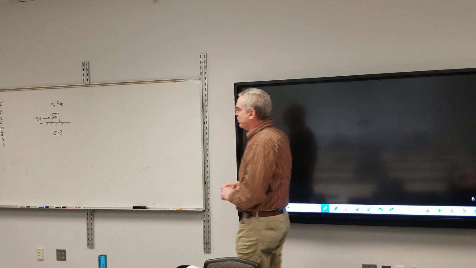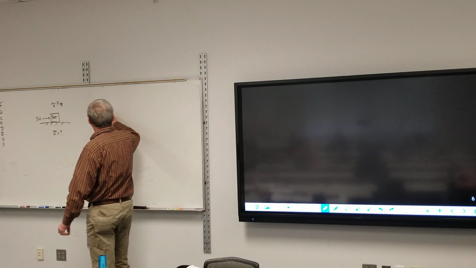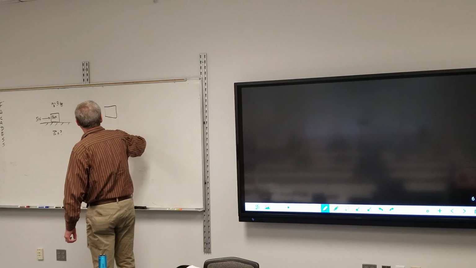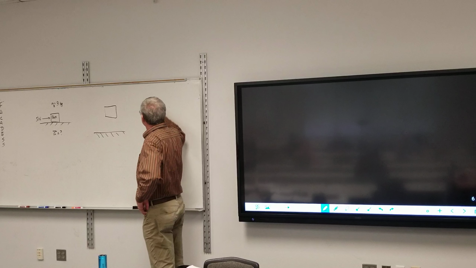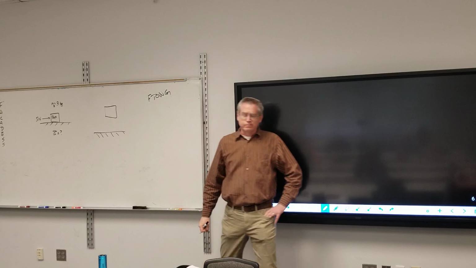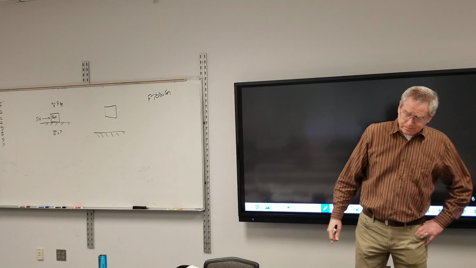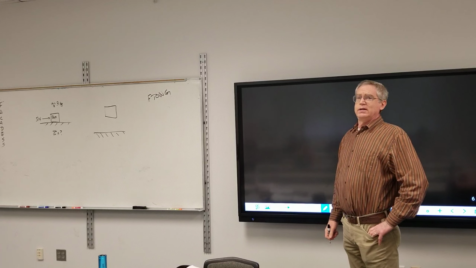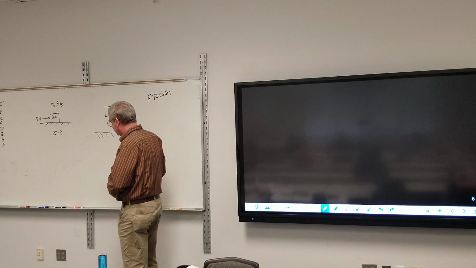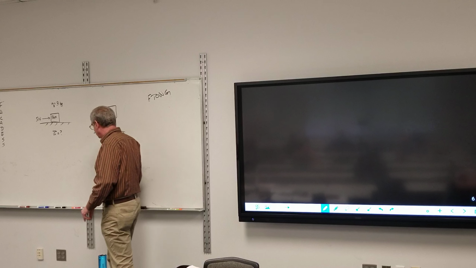So the first thing we do is the force diagram. What forces are acting on the box? Gravitational force. Acting which way on the box? Acting down on the ground.